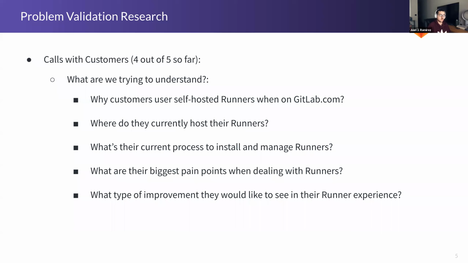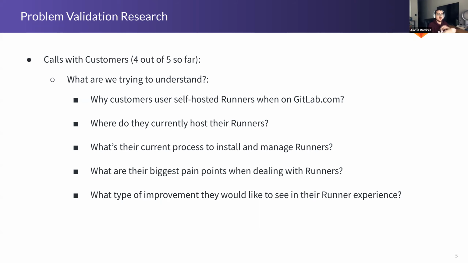So one thing is why customers are using self-hosted runners when they are on GitLab.com. You know, that's something that we're very interested in, because GitLab.com has shared runners, right? And we sell those as a standard experience for anyone who has GitLab.com.